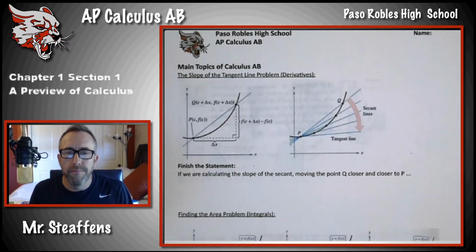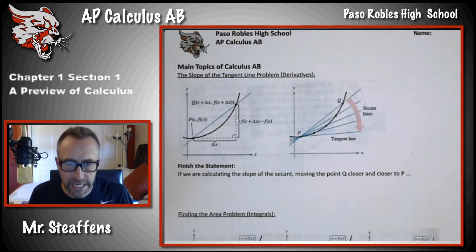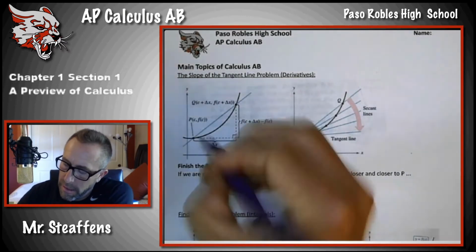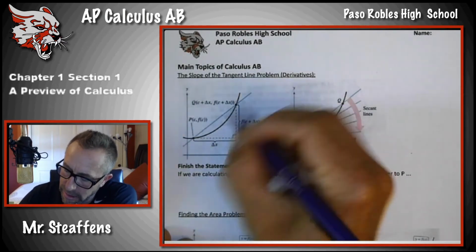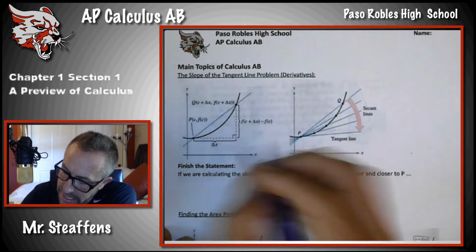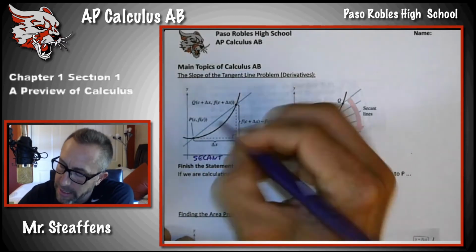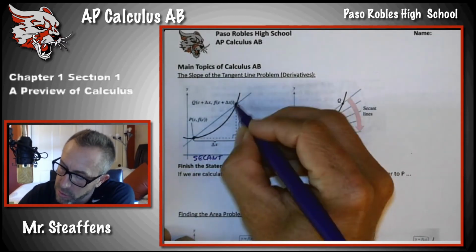So here's an example of the tangent line problem. This is a classic calculus question. It's the main focus of chapter 2, and it's all about derivatives. It's about the idea that I can calculate the slope of any secant line. This is called a secant line. If you remember from geometry, a secant connects a curve in 2 points.